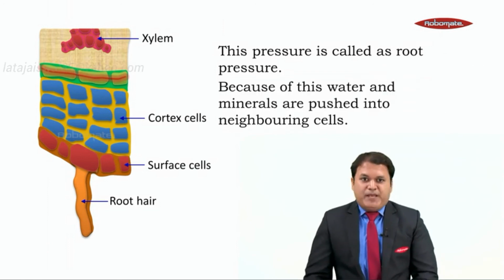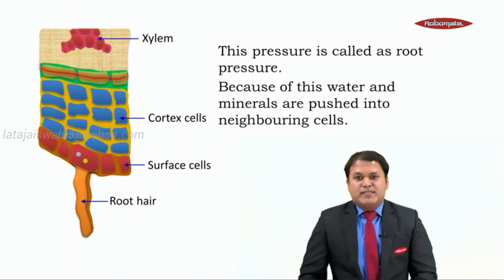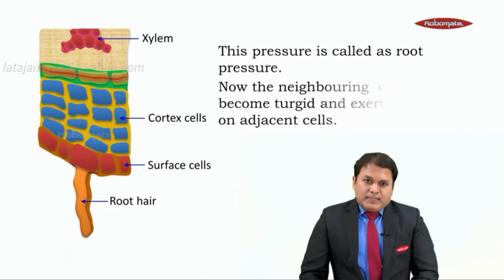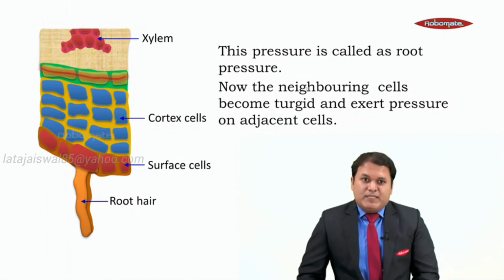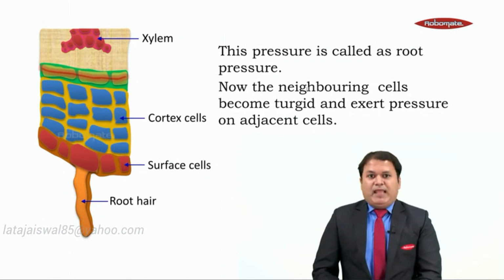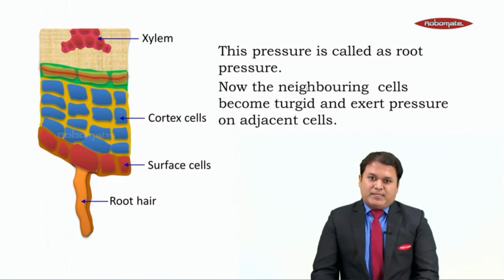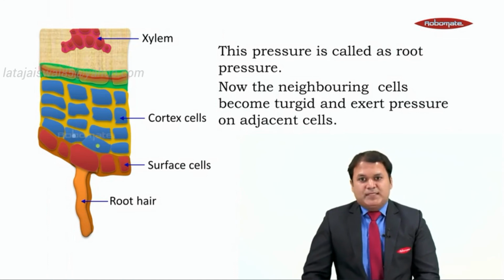And because of this pressure, water and minerals are pushed into the neighboring cells of the cortex. You can see water and minerals entering into the cortex cells. Now the neighboring cells will become turgid, they will swell up, and in turn they will exert pressure on the adjacent cells. So you can see the cortex cells swelling up and exerting pressure on the neighboring cells.